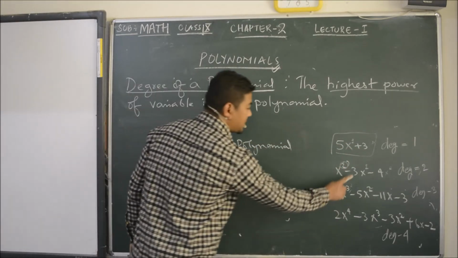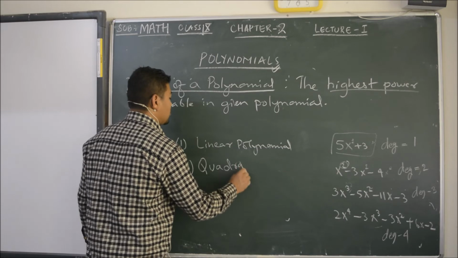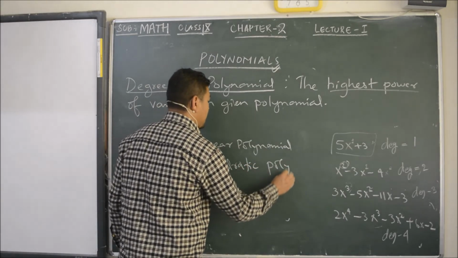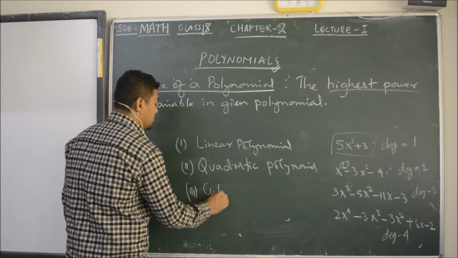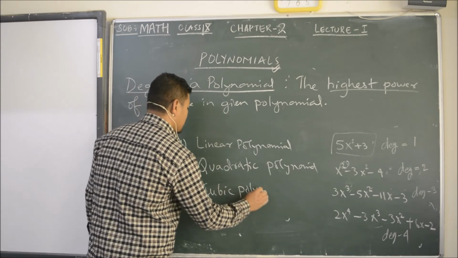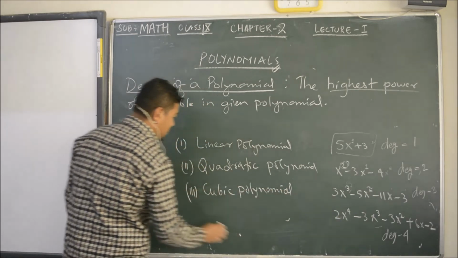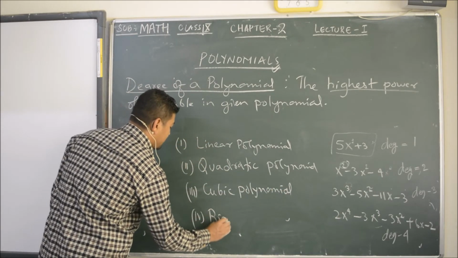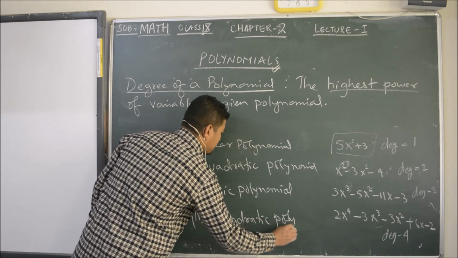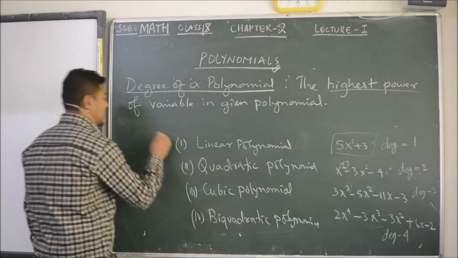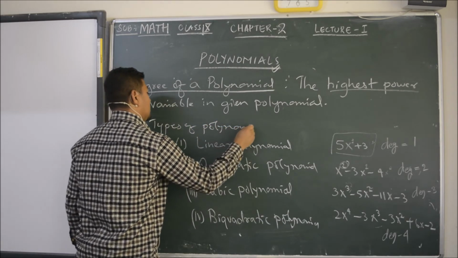Similarly, for this polynomial the degree is 2, which is called a quadratic polynomial. For this one the degree is 3, a cubic polynomial. And the last one, having degree 4, is called a biquadratic polynomial. So these are again types of polynomials.